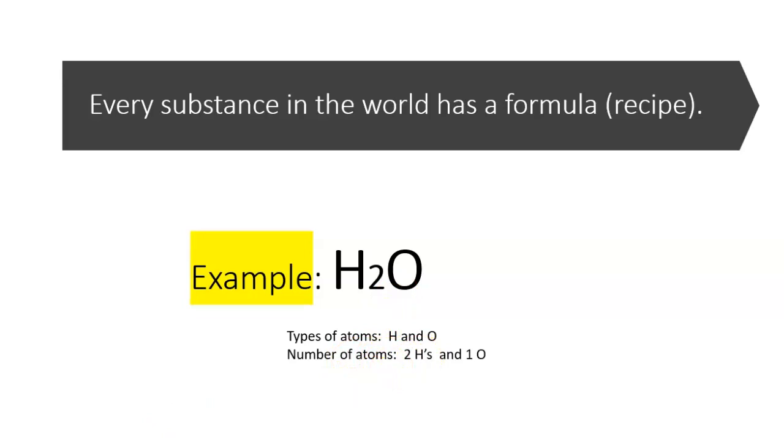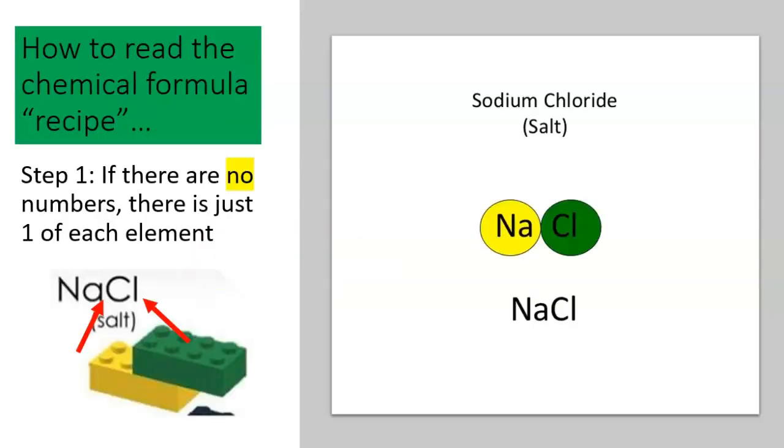are located there. So let's take a look at how to read the chemical formula for table salt, which is NaCl. How many different atoms are in this compound? Hopefully you've noticed that Na is an element, Cl is an element, so there are 2 different atoms in this particular compound of table salt.